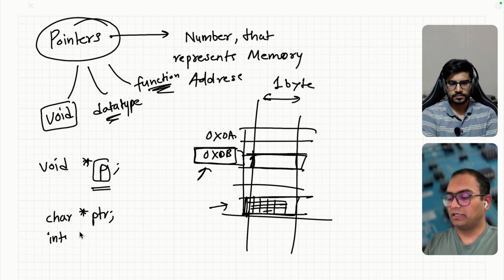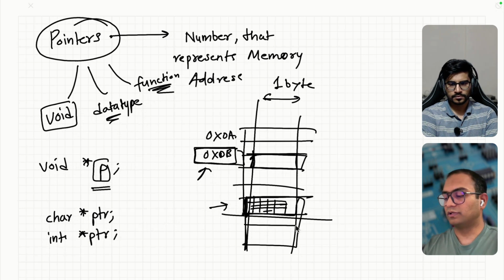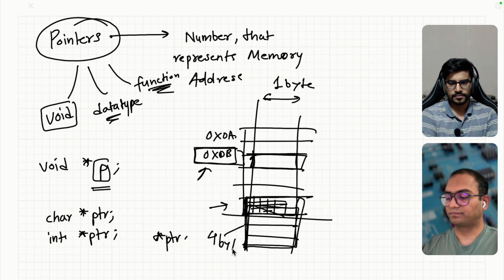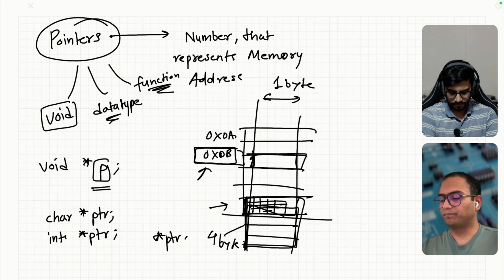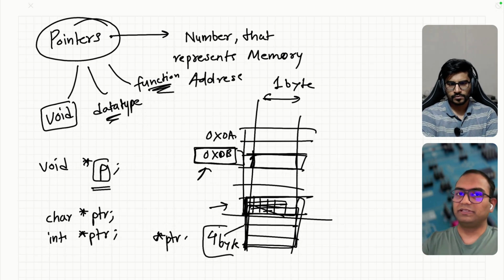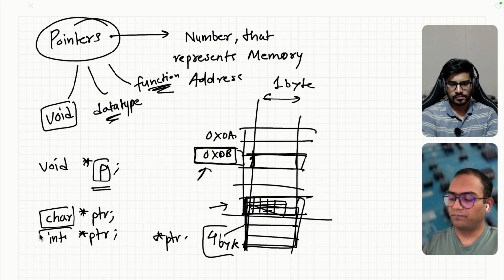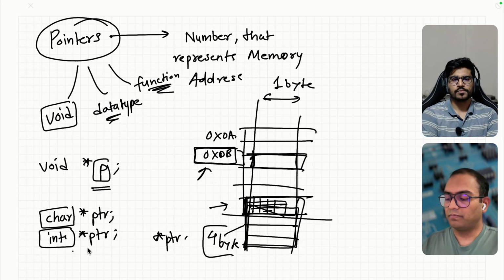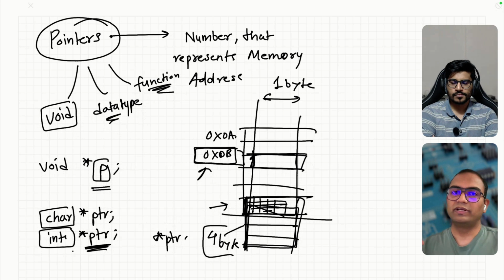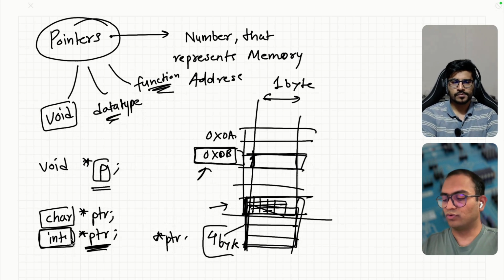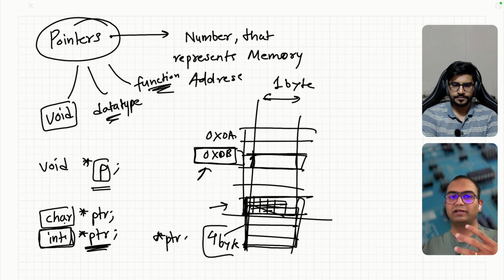If it was an int star PTR, then when dereferenced with star PTR, we will read 4 bytes, assuming int is 4 bytes. So if we have a data type pointer, how many bytes to consume when dereferencing is known to the compiler. The compiler can generate reads and writes based on the data type.